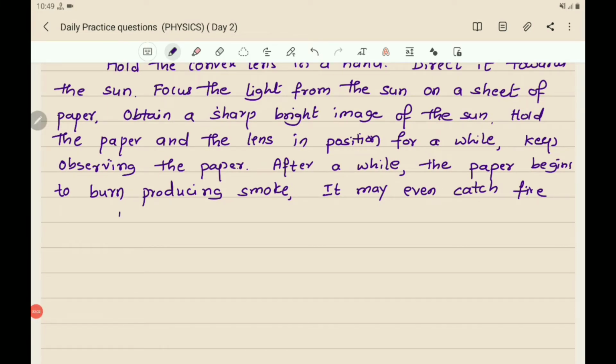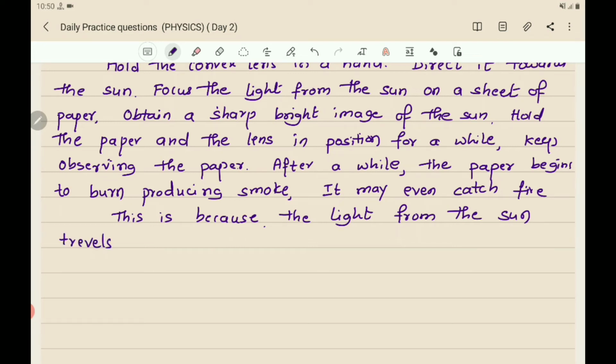This is because the light from the sun travels in the form of parallel rays.